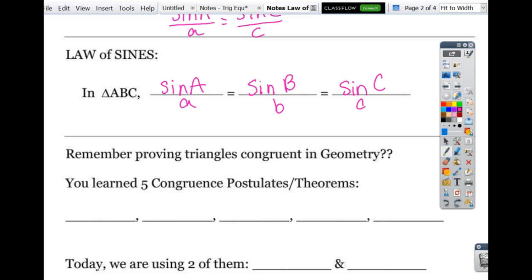Okay, as much as we say that geometry was dumb, it was stupid. It was so dumb. But we used some postulates to prove triangles were congruent. So we used angle, angle, side, angle.